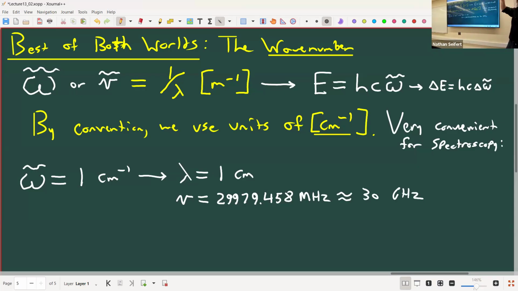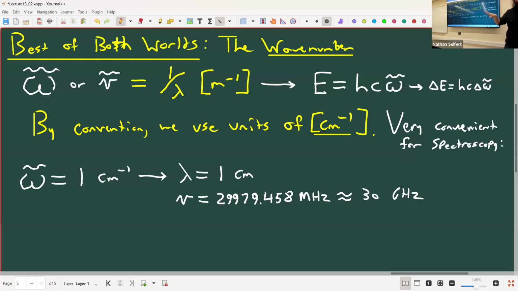We don't go past a couple hundred gigahertz. At that point, we switch to wave numbers. A wave number starts at a point that's very useful for us, which is 30 gigahertz. It's a really nice chunk of energy for microscopic chemistry: 30 gigahertz worth of energy, or one centimeter worth of wave.